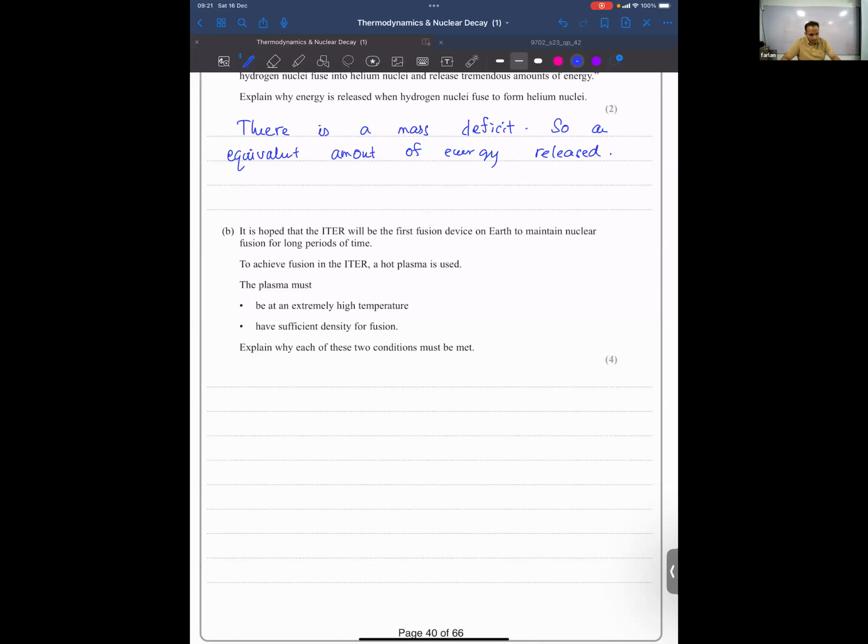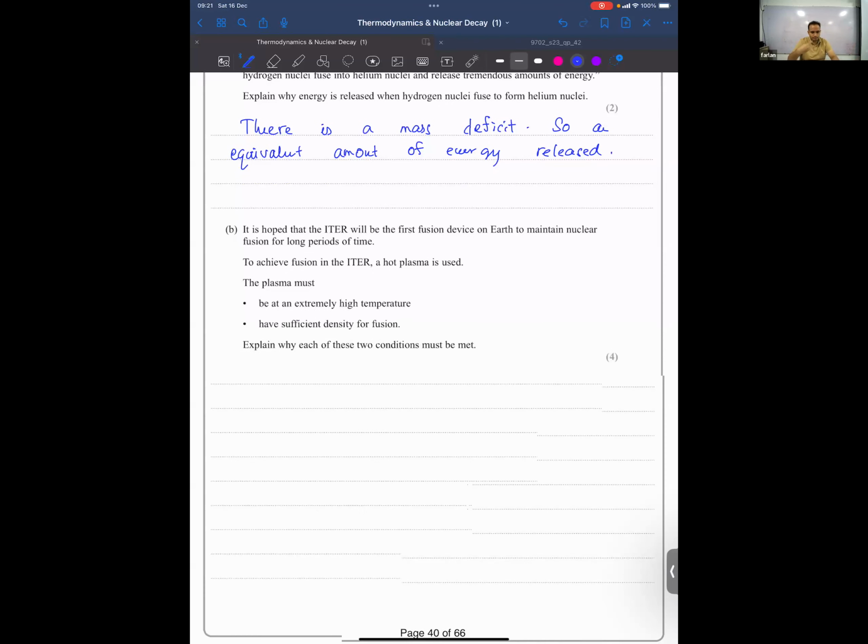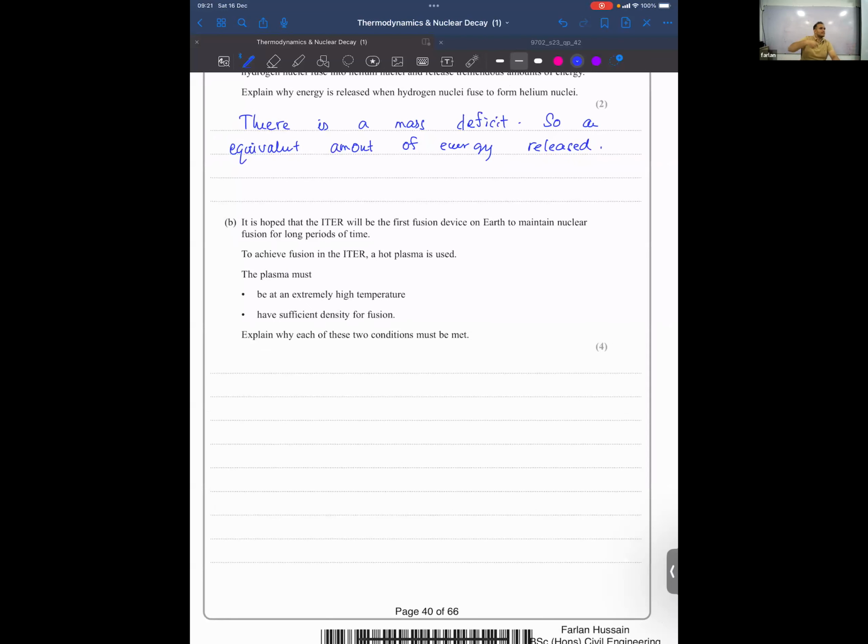Have sufficient density for fusion. So what is that sufficient density for fusion? That means now this fusion should happen at a good rate. There should be a good amount of fusion reactions happening per second so that the fusion will sustain.